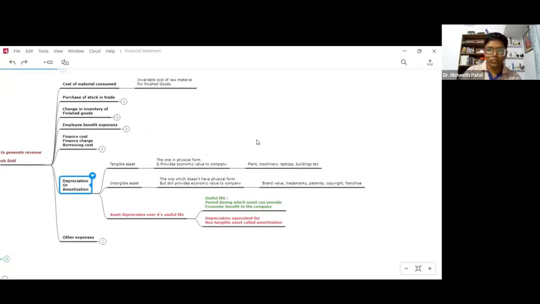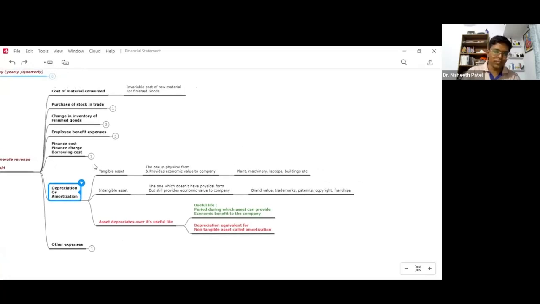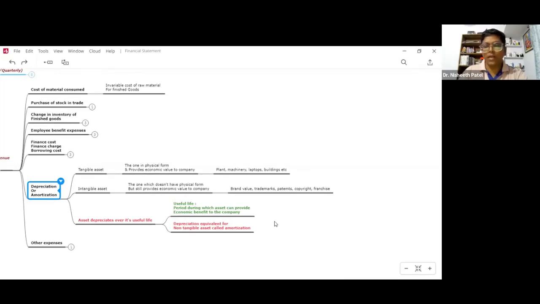Now we have two types of asset, the tangible asset and the intangible asset. Tangible asset is one in physical form that provides economic value to the company, just like plant, machinery, laptop, buildings, land, etc. Intangible assets are the ones which don't have a physical form but still provide economic value to the company, just like brand value.